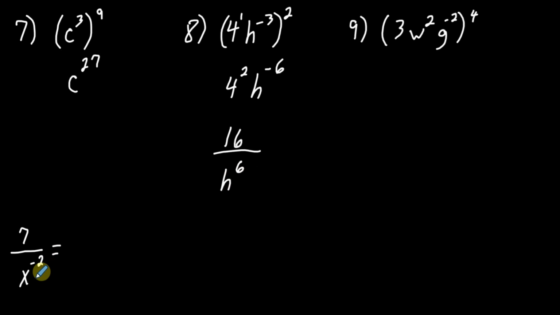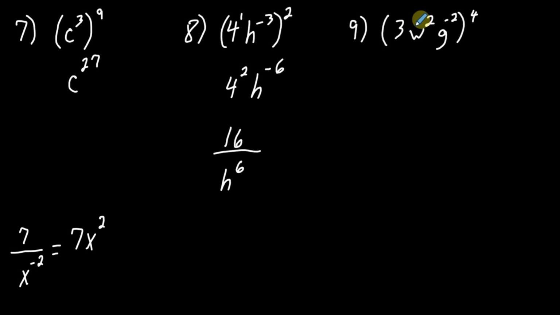Well, this one's already in the denominator, and it's negative, so when we move it to the numerator, it becomes positive. So this is going to become 7. We bring this to the numerator, x, and when we bring it up to the numerator, the exponent becomes positive.